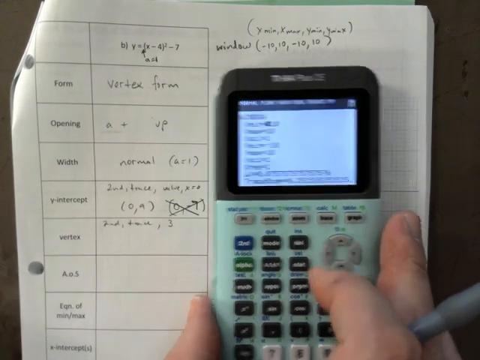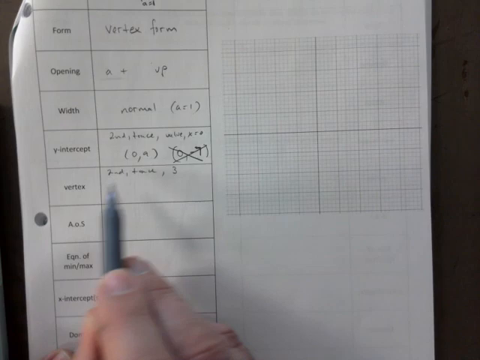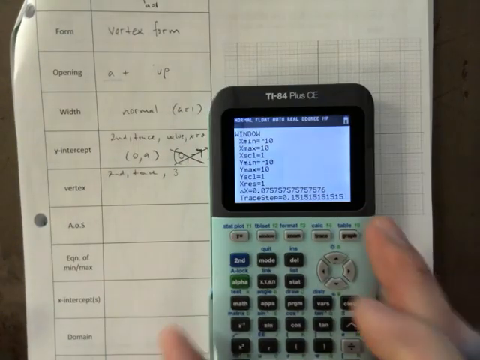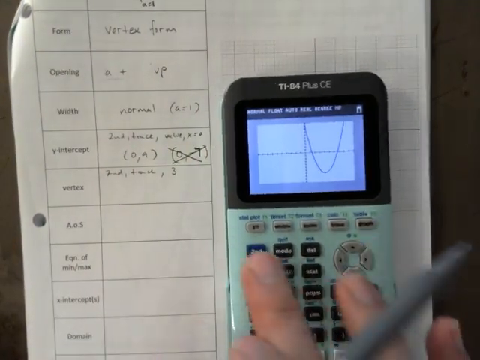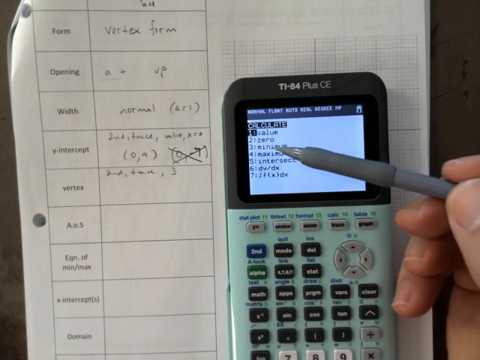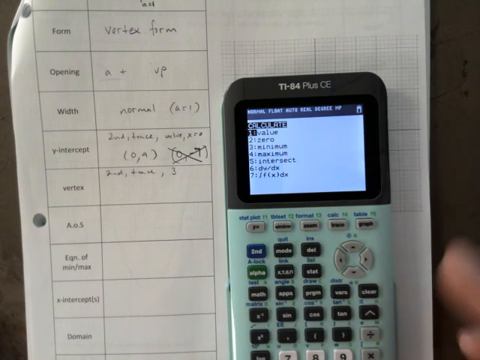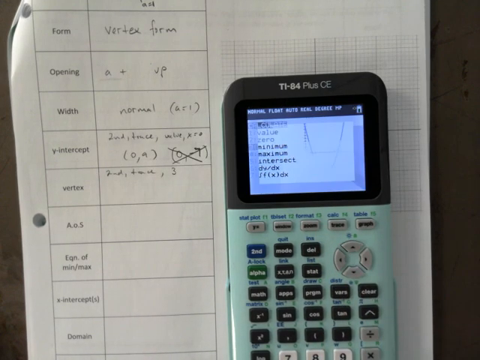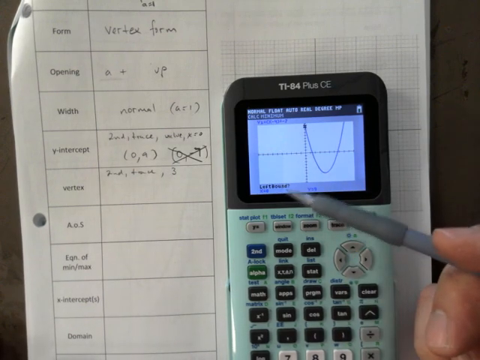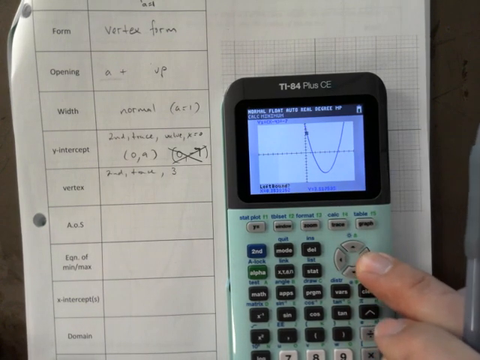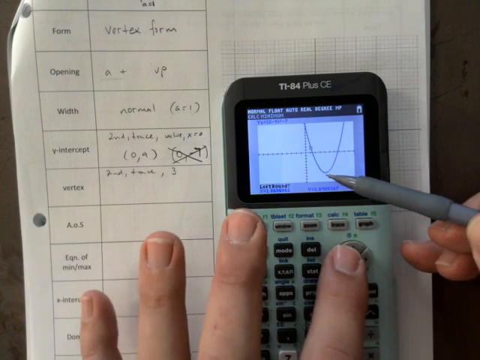I know some of you are just waiting for the graph already, okay? So it's normal. We found the y-intercept. We're going to find the vertex. Let's go ahead and do that. So graph, second trace is where it's at. In this case, it's a minimum. So you have to select the third option. And it says left boundary. So you're going to go, this is the vertex right here.